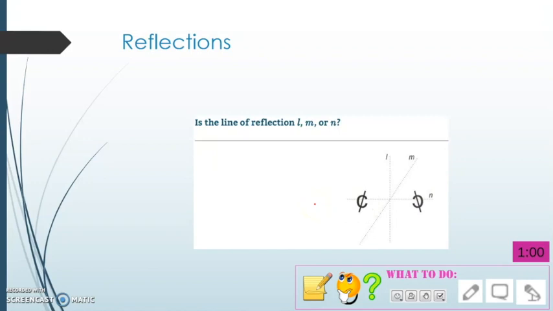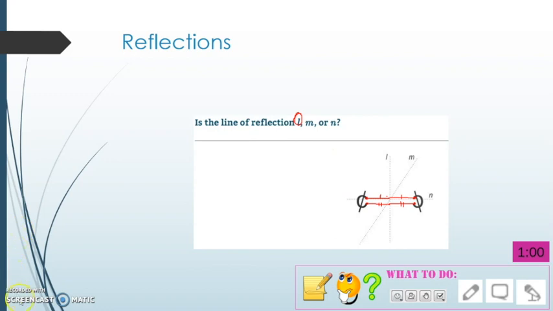Okay, so if we think about it, does it reflect over L? Yes, it does. L is what it reflects over. We can see that if we compared these points here, they are the same distance away from each intersection perpendicular with L. So these segments are congruent and these segments are congruent.